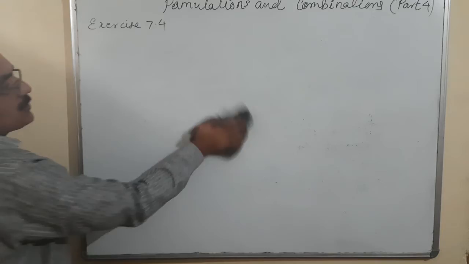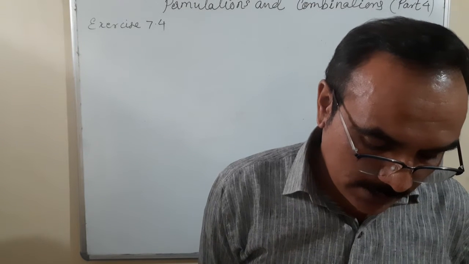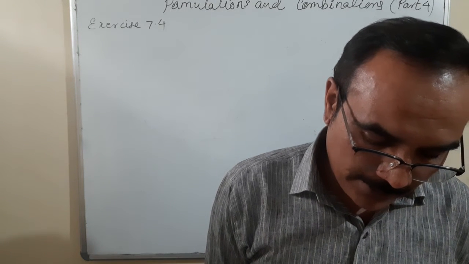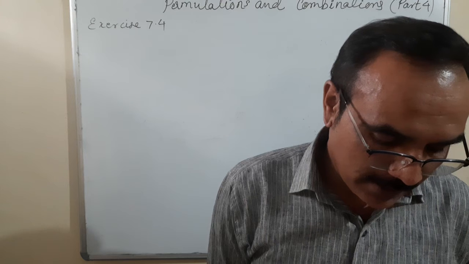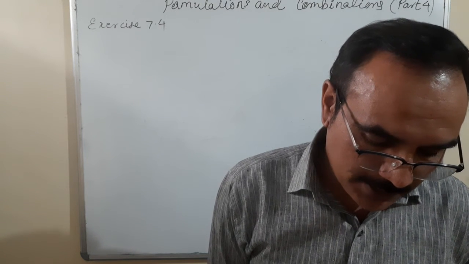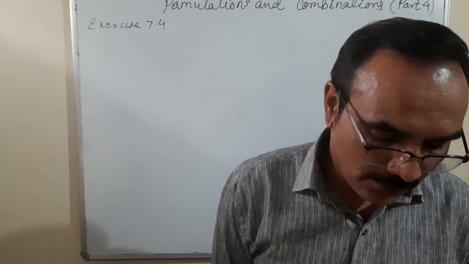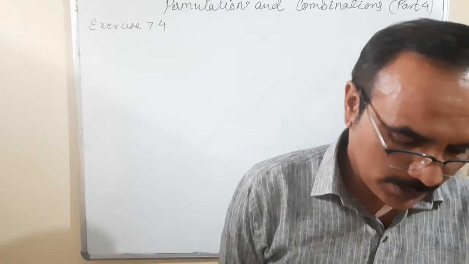Now I want to take next question, number 7. In how many ways can one select a team of 11 from 17 players in which only 5 players can bowl, if each cricket team of 11 must include exactly 4 bowlers. Exactly 4 bowlers.